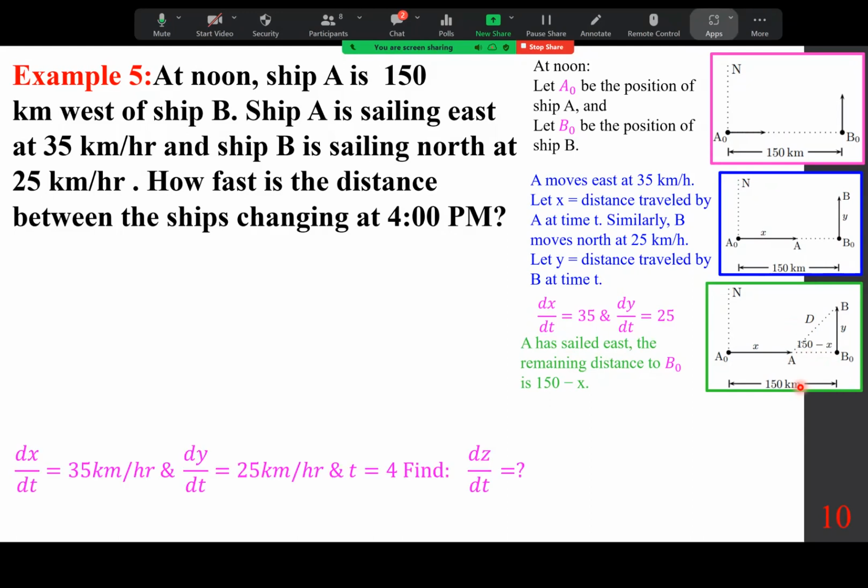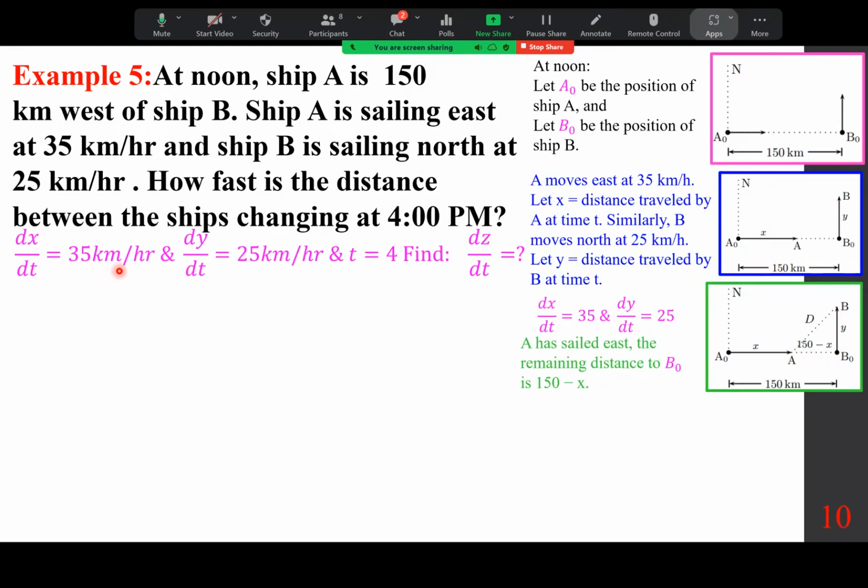So let's write now dx/dt is 35 kilometers per hour, dy/dt is 25 kilometers per hour, and t equals 4 because from noon till 4 p.m. there are 4 hours.